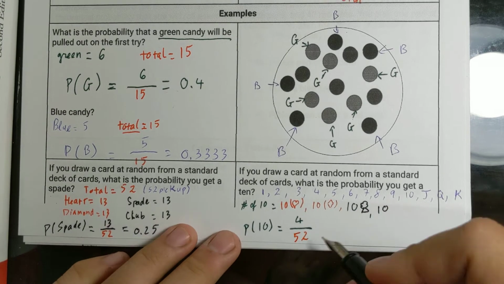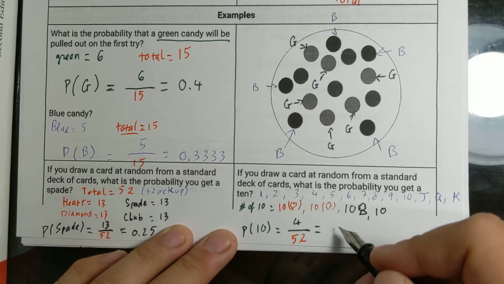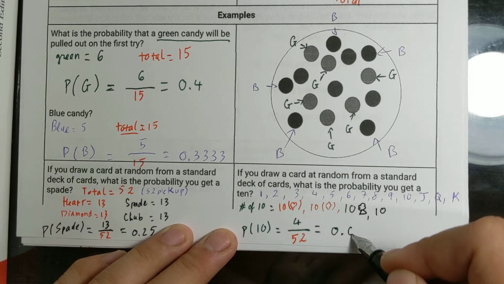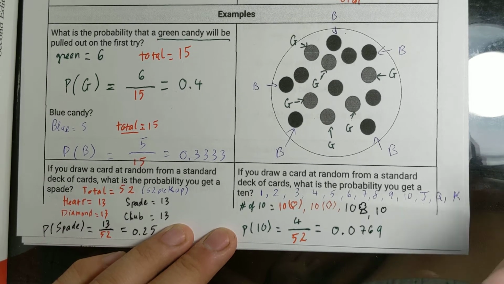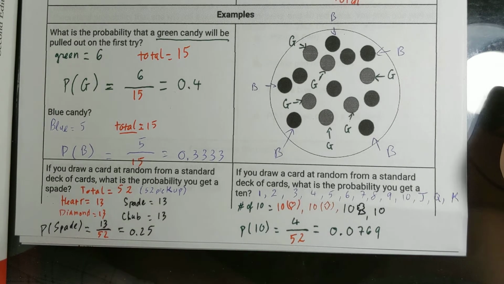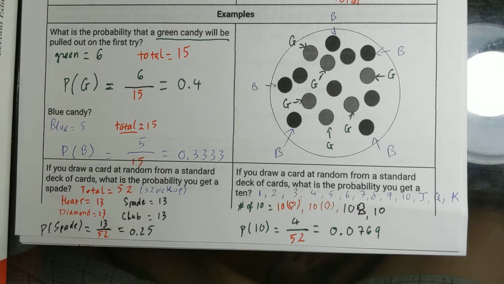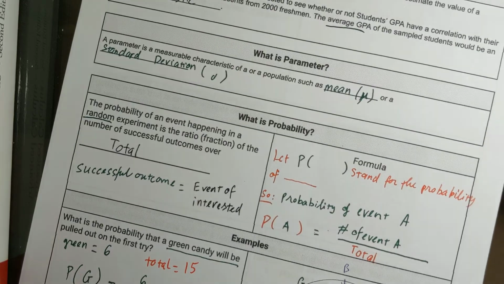You type it into your calculator. Again, please remember to round it to 4 decimals, and your answer should be 0.0769. Let's move on to the next one.